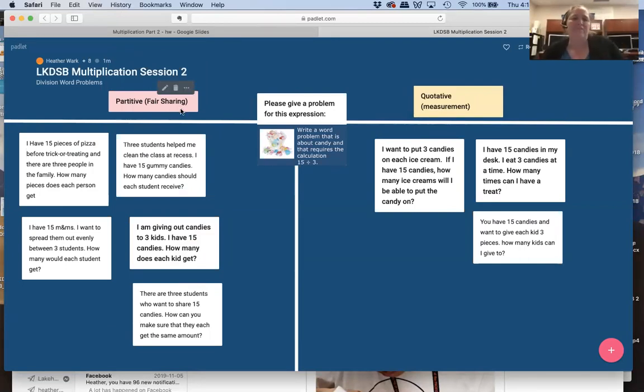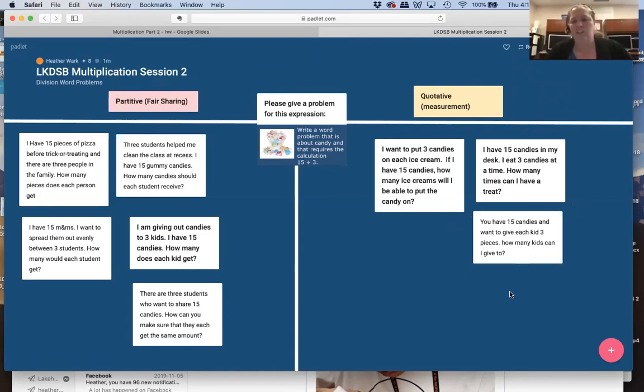So partitive or fair sharing, that's the one that typically we write. Yes. We, as teachers, usually when I go out to a group of, say, 40 teachers, I'll get 38 of these. And then quotative division is the one that we don't write very often, and may not even have considered some of these problems that we have over here on the right side.